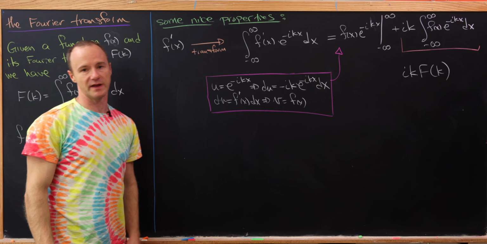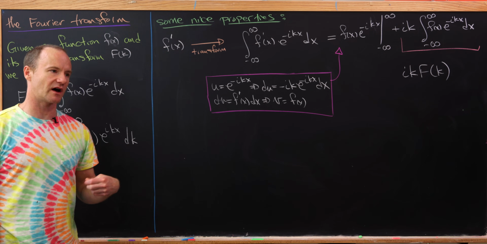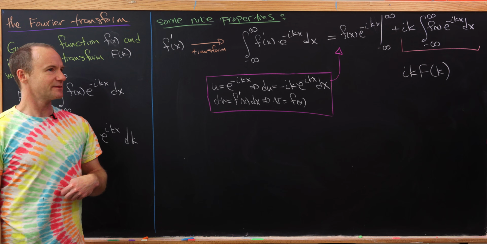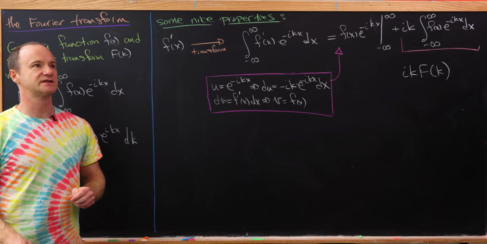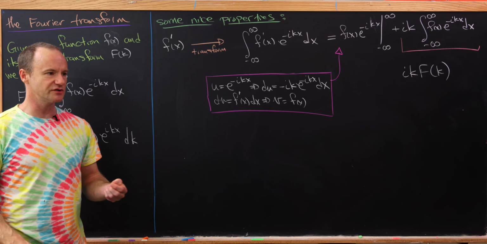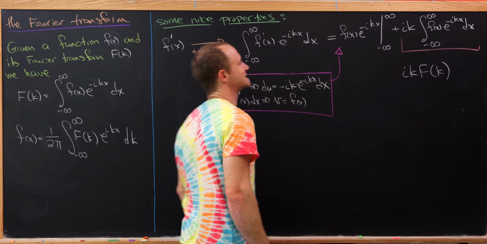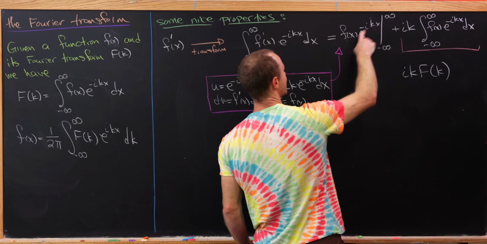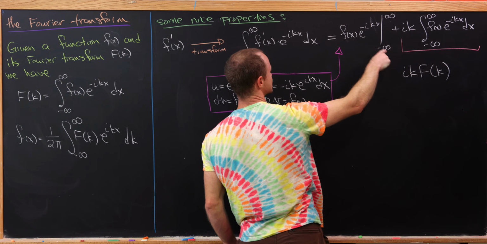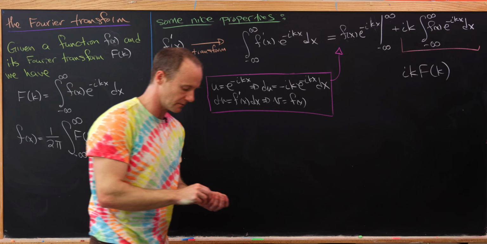Now what about the other bit? Well, here's where I'm going to introduce an assumption which I left off, and I think it's sometimes nice to leave off the assumptions for the start of a calculation, because then you'll see where you really need them. In order for this to really make sense, we need the limit as x goes to infinity and x goes to minus infinity of f of x to both go to 0.